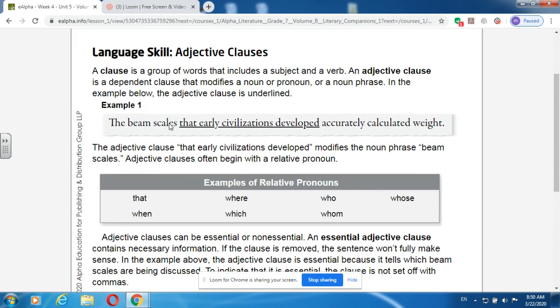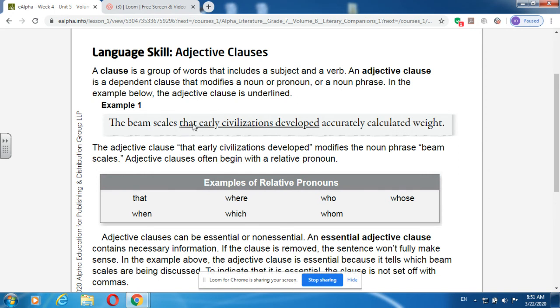In the first sentence, where it's essential, the beam scales, you see no comma, so that means it's an adjective clause that's essential, that is needed. The beam scales that early civilizations developed accurately calculated weight. Now, if we remove that early civilizations developed, the sentence won't make sense.